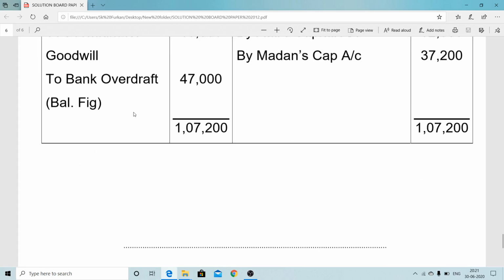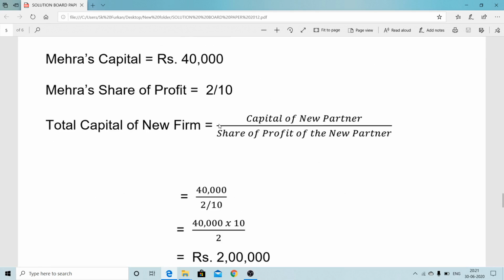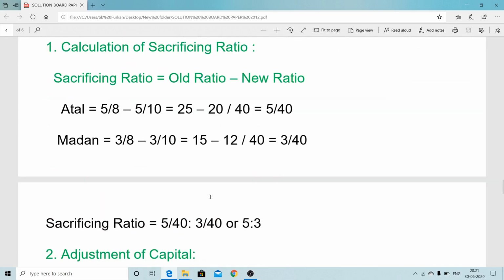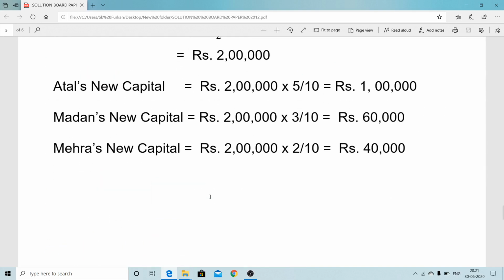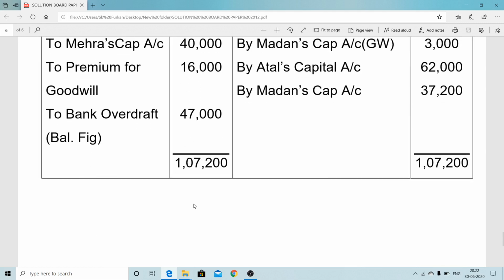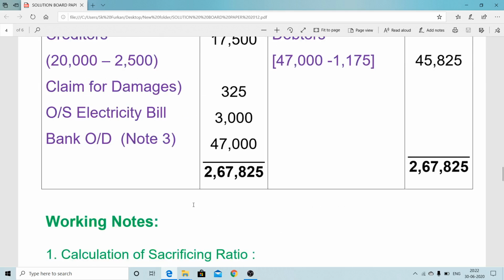So bank overdraft came, negative balance came, therefore we show it on the liability side: bank overdraft, working note 3, 47,000. So this is a little different in the case of the cash ledger. In this sum we got this difference, that the cash balance is coming negative. When it comes negative, which side will you put it on? Automatically on the liability side.